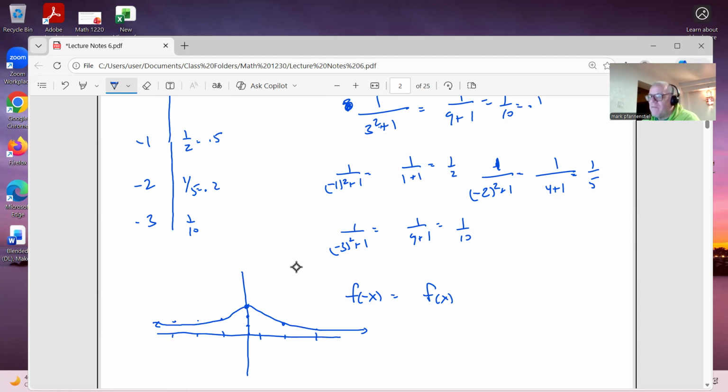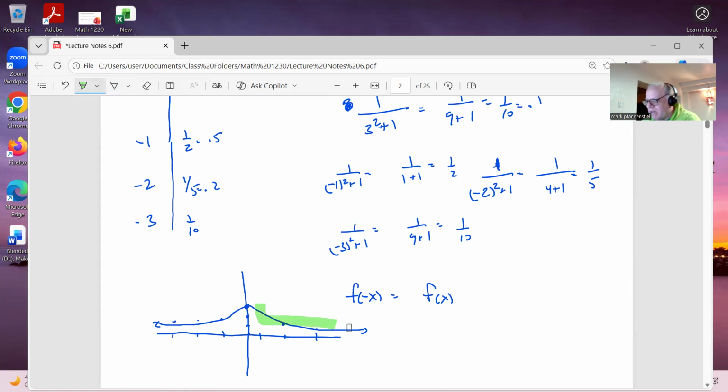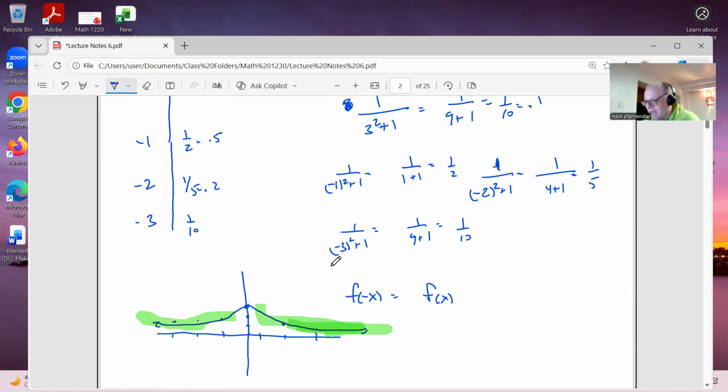So with this function, graphically, it almost looks like if I took my right-hand side here and folded it over, it would be the same as my left-hand side. That's what even functions tend to do. So this is even symmetry. The idea is f of -x is equal to f of x. That's even.